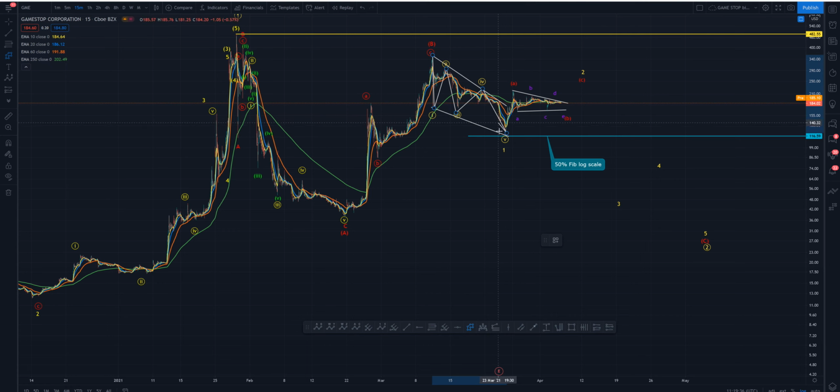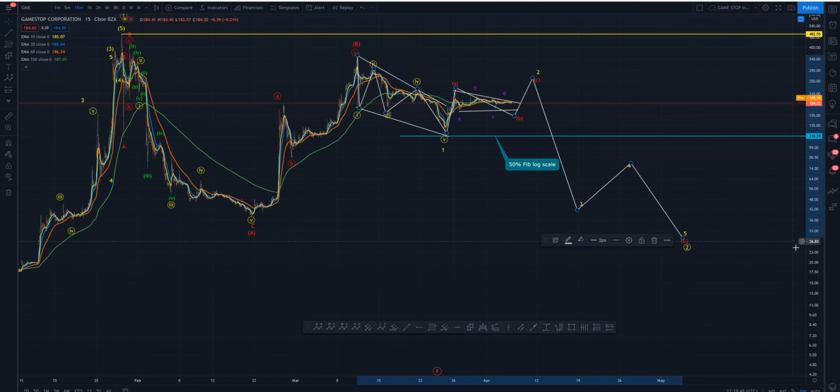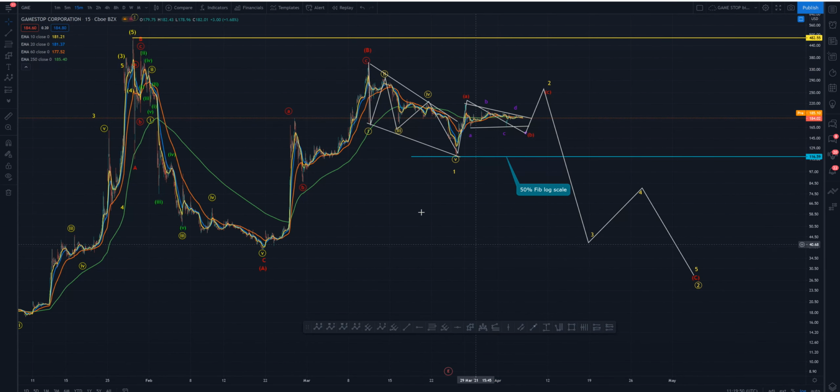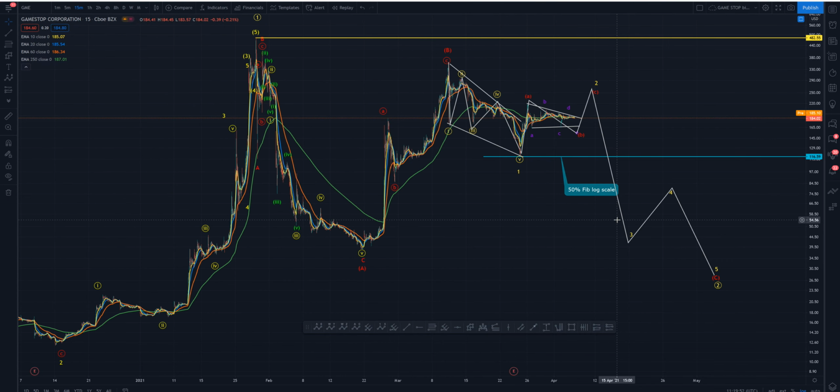We come down here in a 1, we're going to go A, B, C, in a 2, down in a 3, down in a 4, down in a 5, done. And that's the most bearish you can look at this. This brings us all the way back down to the mid to high 20s in price. So this is a huge meltdown in GameStop, the most bearish consideration there is.